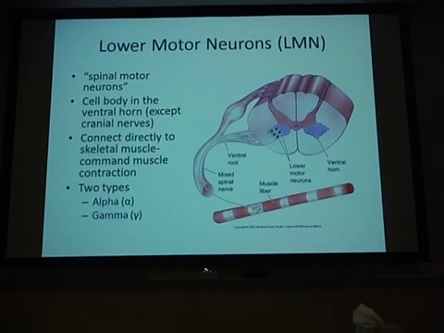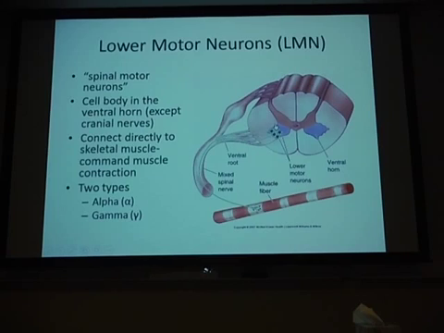Today we're going to live mostly in the world of lower motor neurons. These are sometimes called spinal motor neurons because, most of the time, the cell bodies are living within the ventral horn of the spinal cord. The exception are those cranial nerves whose cell bodies are in the nuclei of the brainstem. For example, we looked at the motor nucleus of 5, right? The cell bodies in there control muscles of mastication.